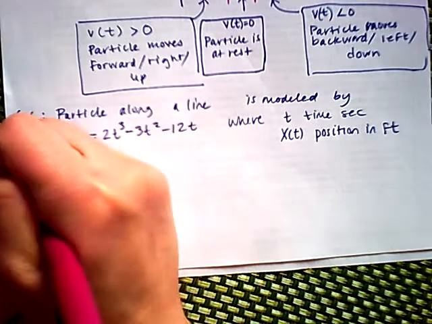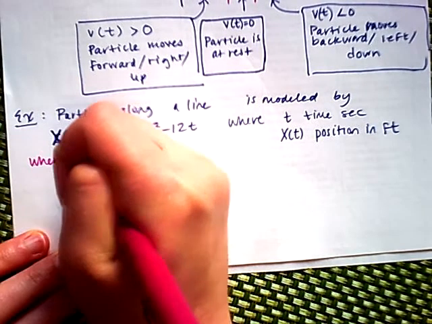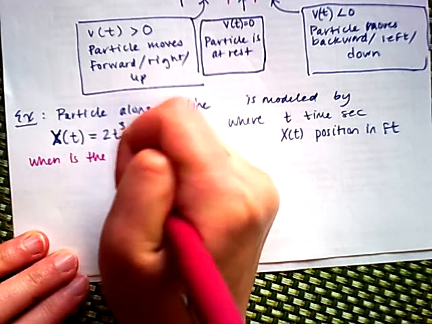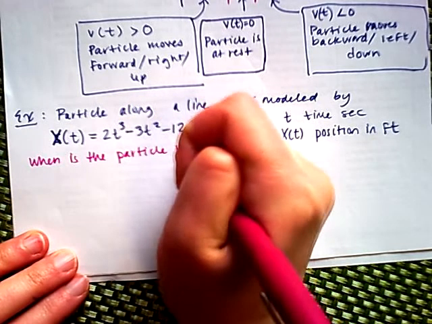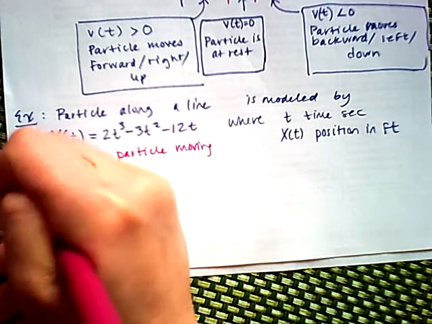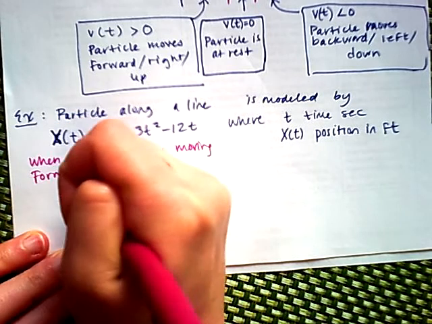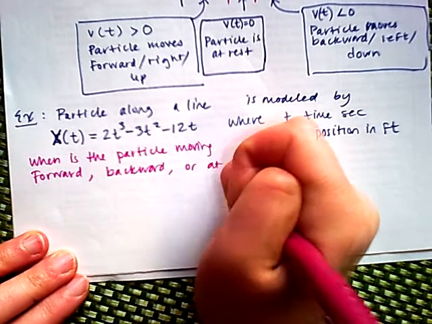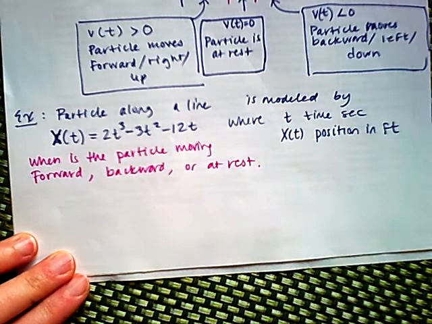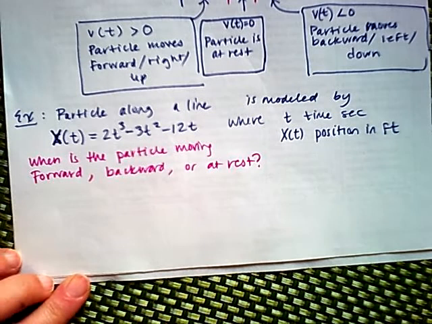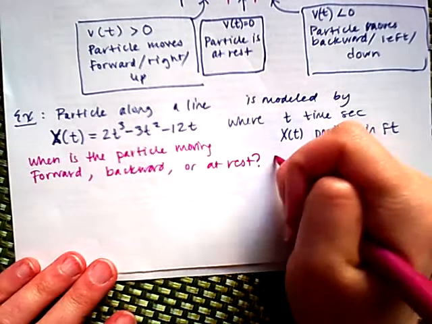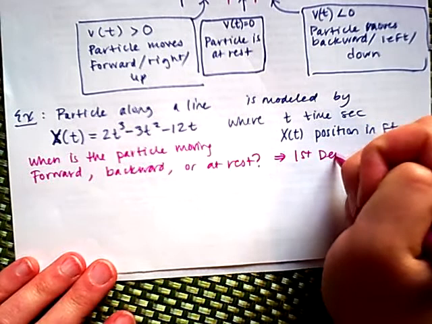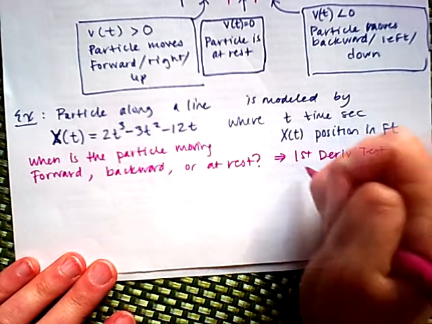When is the particle moving forward, backward, or at rest? Question mark. And the idea is we're going to use the first derivative test.